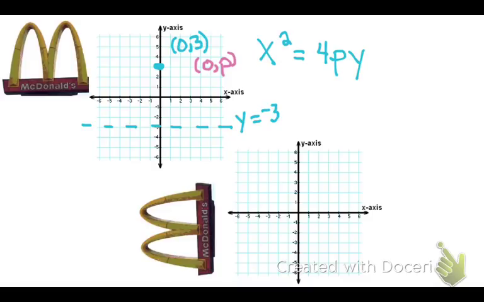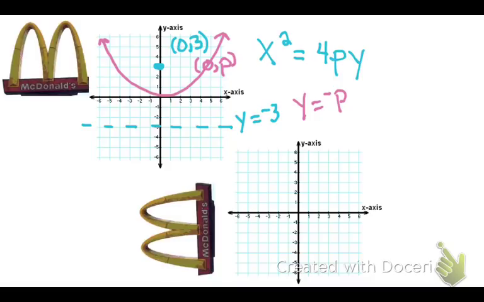I called it (0, 3), and our directrix is going to be the opposite, so y equals negative p. In this instance, I labeled it -3. And then we would have our parabola drawn in here, something like that. So if we know one, we can find the other, since one is the opposite of the other.